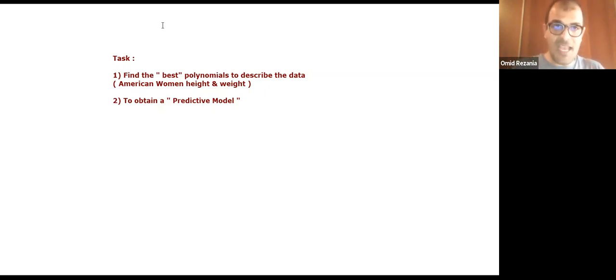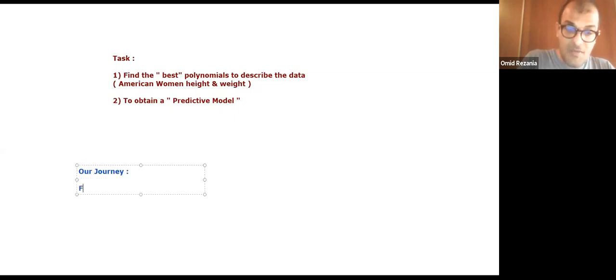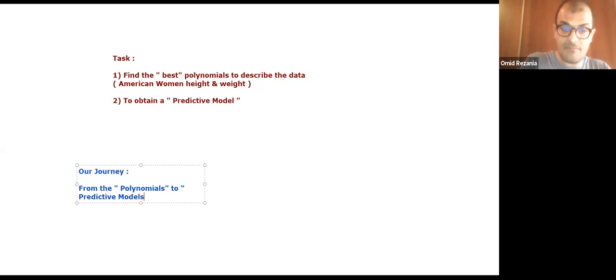Then our journey is going to be this. From the polynomials that we learned, we are just going to go to predictive models.